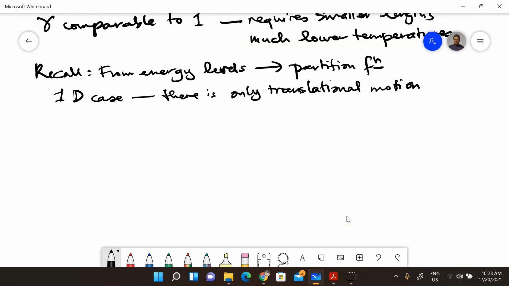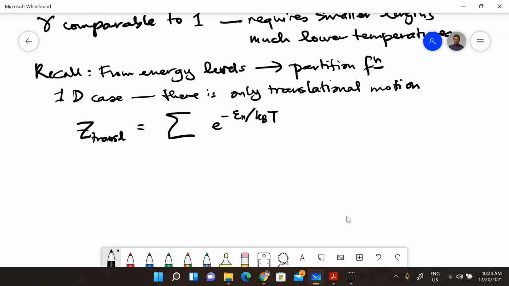So we're going to write it down as Z translational. Then this equals the sum of e to the minus epsilon n, where this is the energy levels, divided by kBT. This is coming from your Boltzmann distribution.